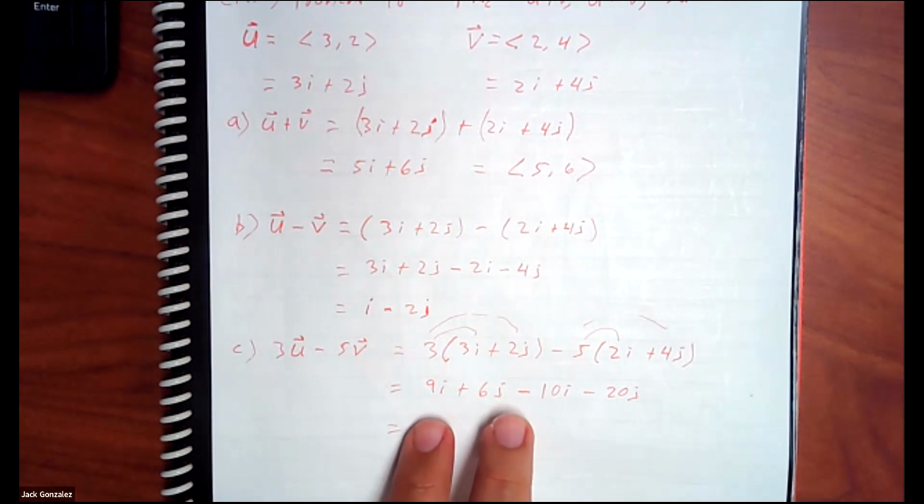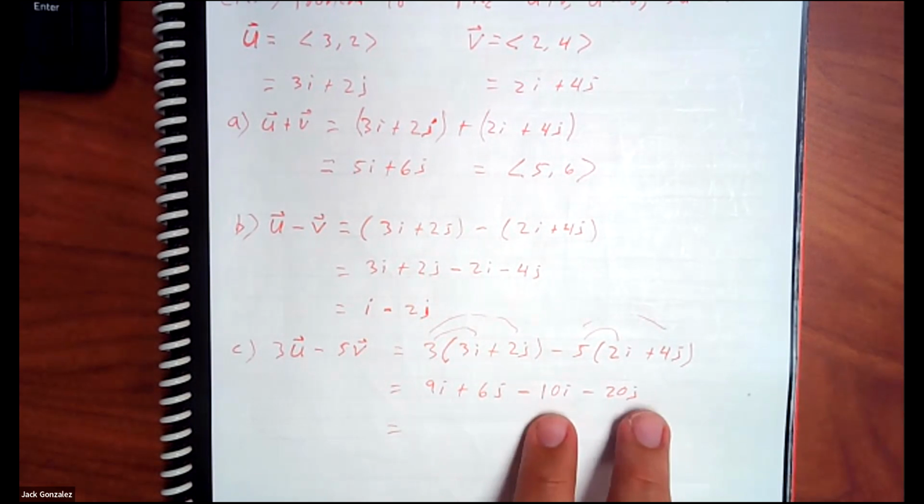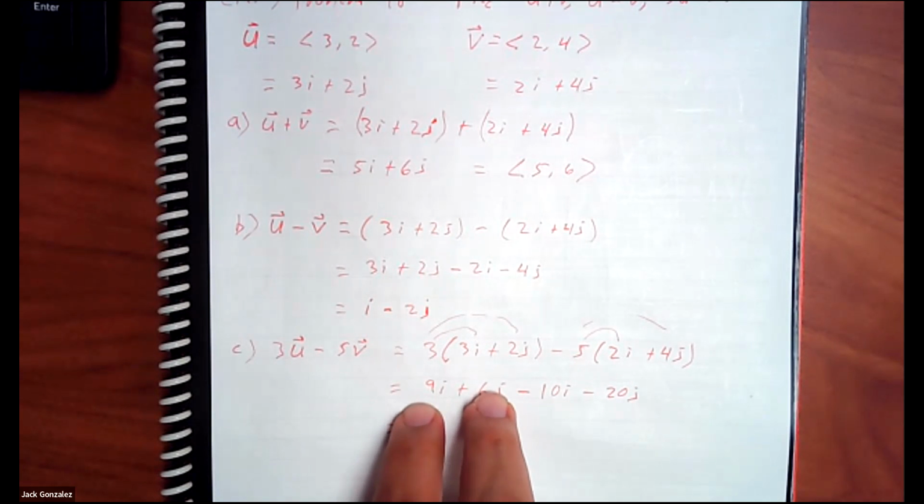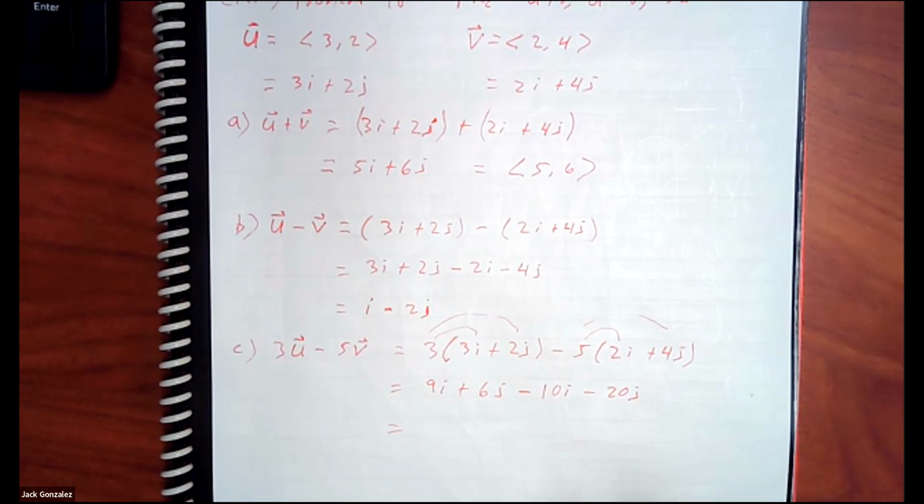So now this vector has been scaled by 3. This has been scaled by 5 in the negative direction. So if you were to graph it, it'd be 5 times longer, but opposite direction. This would be three times the length. When you combine them together, then you get negative i minus 14j.